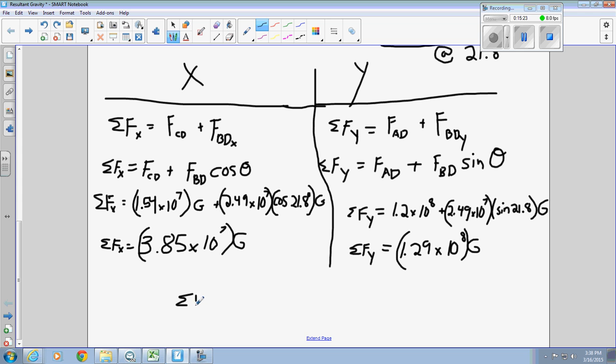So your net force vector is going to be equal to, Pythagorean theorem, the square root of your net force in the x direction squared plus the net force in the y direction squared.